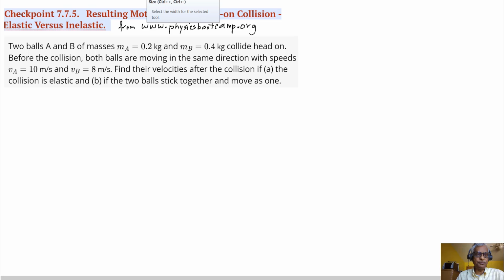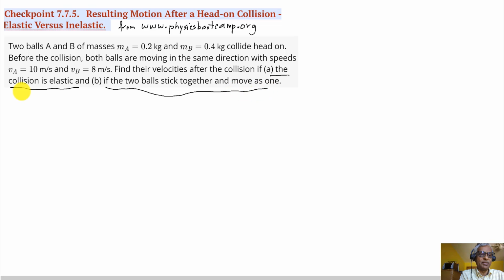Okay, so what is it? We study here the difference between elastic, perfectly elastic, and perfectly inelastic collision in just a one-dimensional situation. If you look at A, it is about perfectly elastic, and B is about perfectly inelastic.